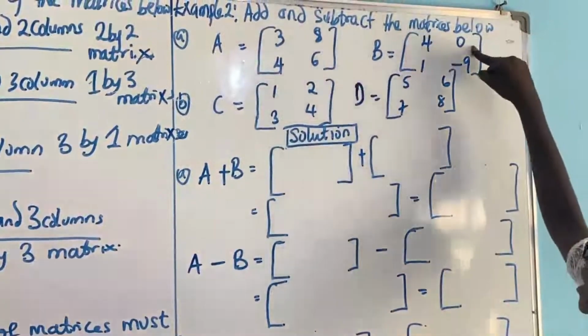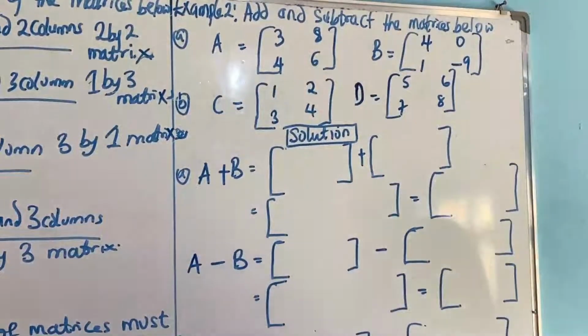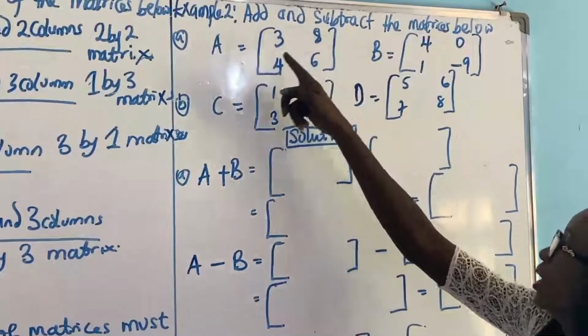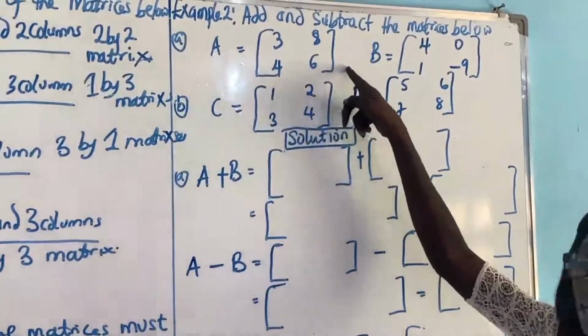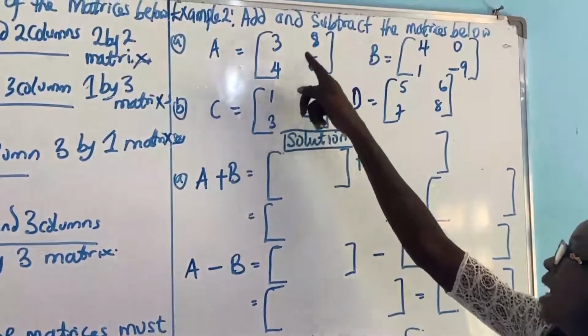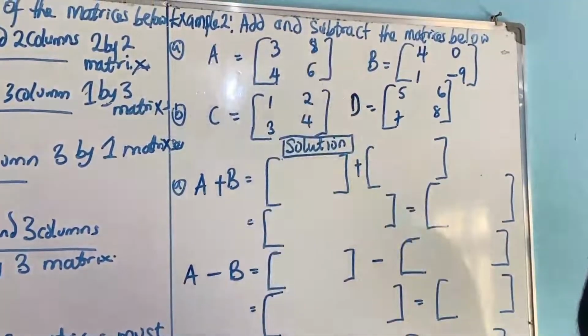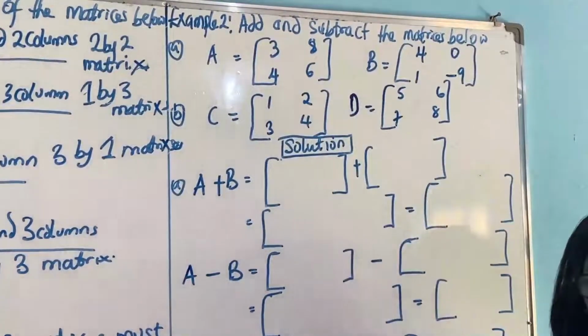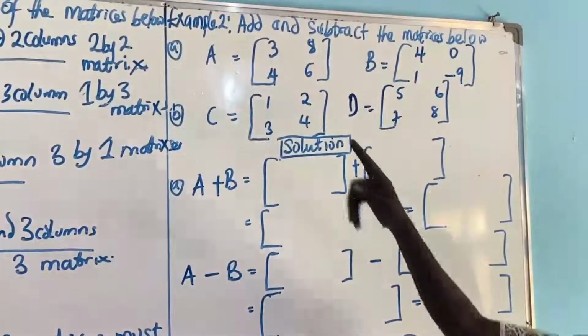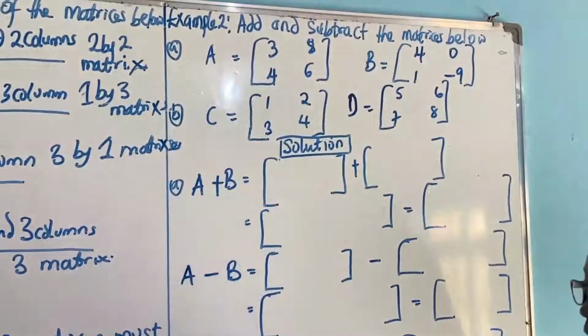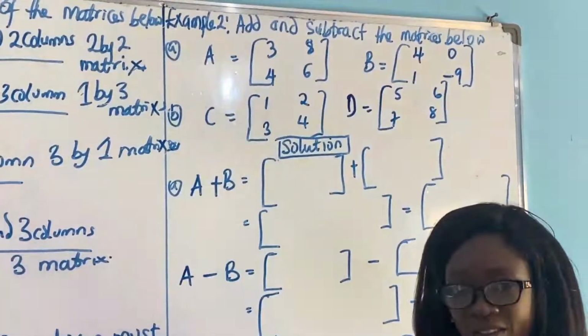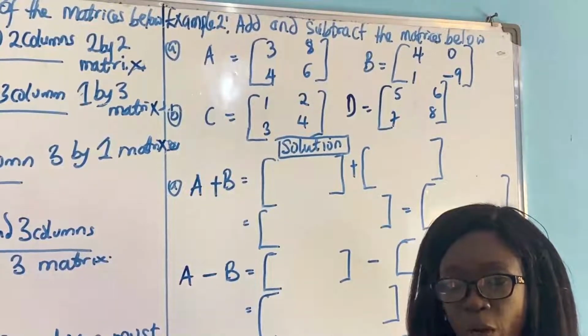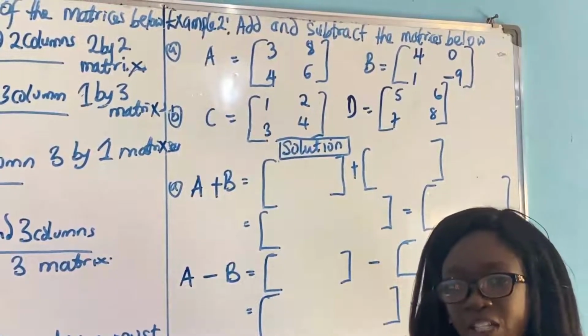And in matrix B, we also have 2 by 2, meaning that I have the first row, the second row, and I have the first column, the second column. And the same thing for matrix B. So now we have to add A plus B. So for our rule number 1, we are safe. We've achieved rule number 1.